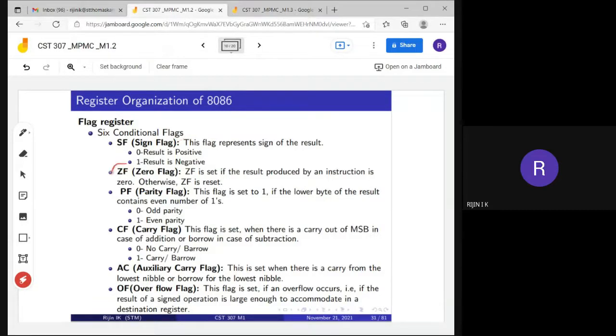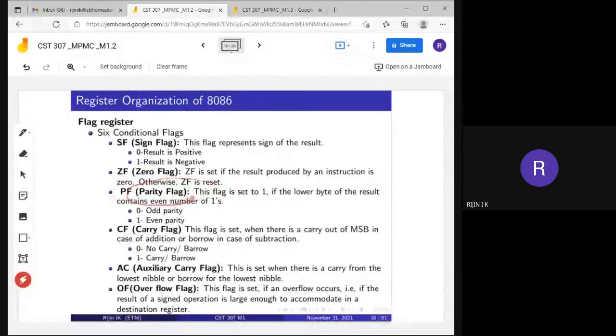Next one is the zero flag, ZF. The zero flag will be set if the result produced by an instruction is 0. After performing an operation, if the result is 0, then the zero flag will be set. Then another one is the parity flag.